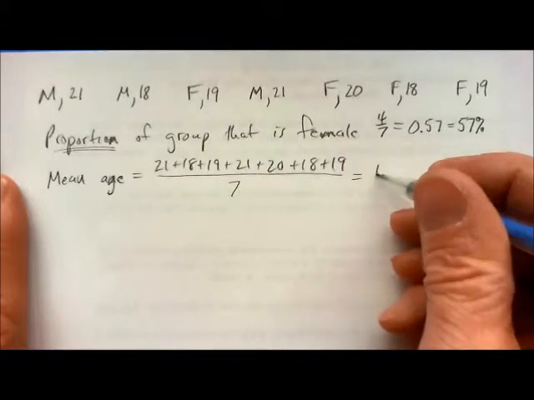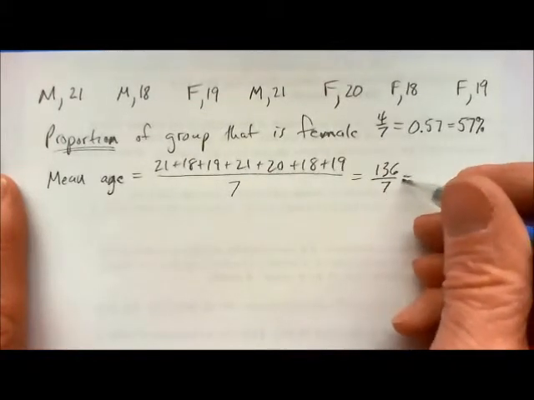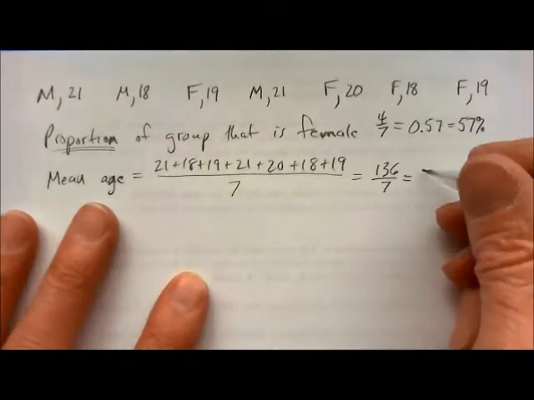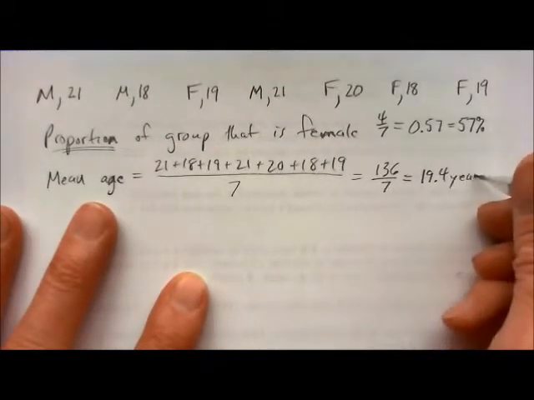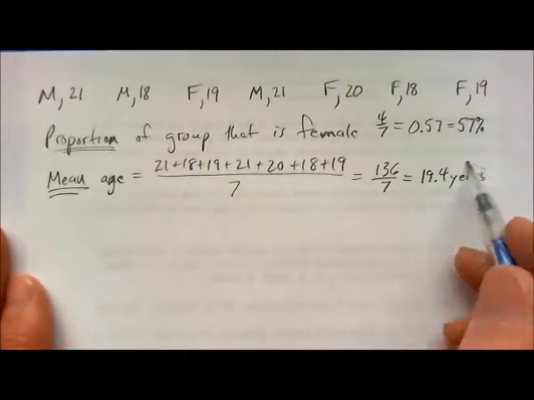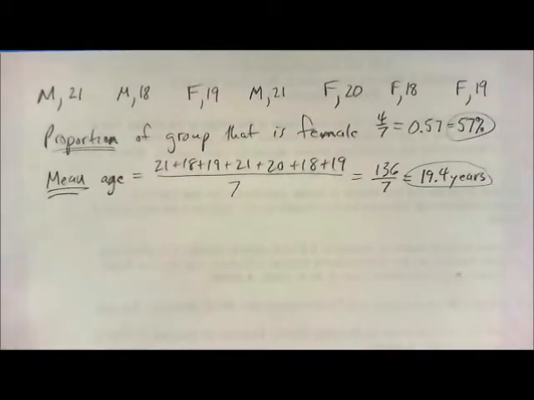So this totals up to 136 over 7. And if we do the division there, then we get a mean or an average age of 19.4 years. Okay, so again, the second value here represents a mean. The first value represents a proportion.